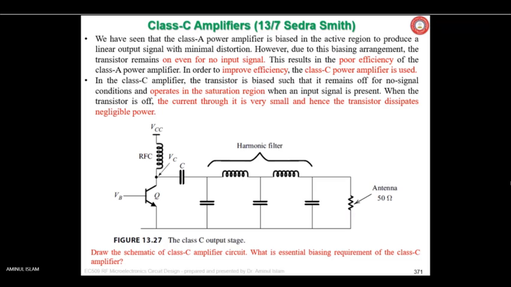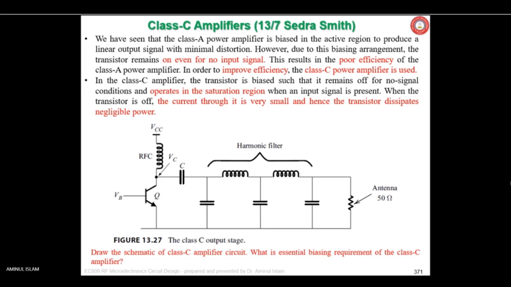This results in a poor efficiency of the class A power amplifier. Efficiency is around 50%. In order to improve efficiency, the class C power amplifier is used.